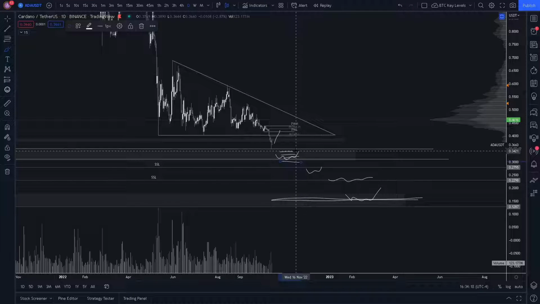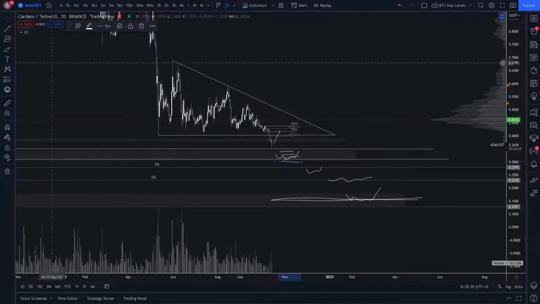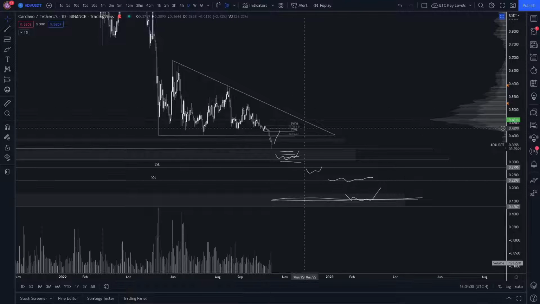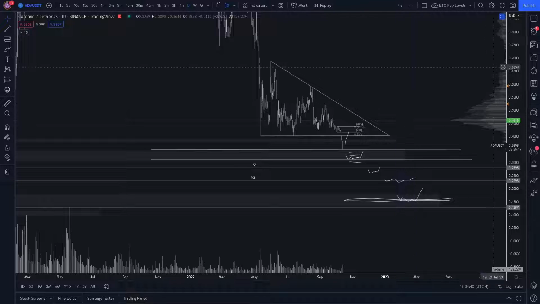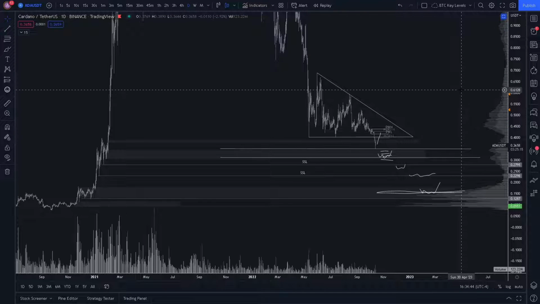If I had like $100, I'd go with $10 first, then $30, and then the final $60 that I wanted to spend on that trade. So make sure you trade smart, manage your risk, and I'm just giving you guys my idea of the best possible scenarios for ADA.